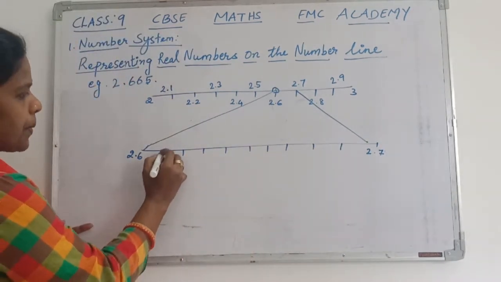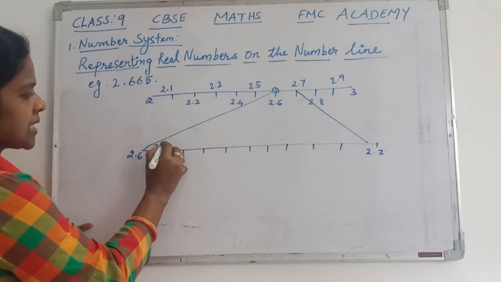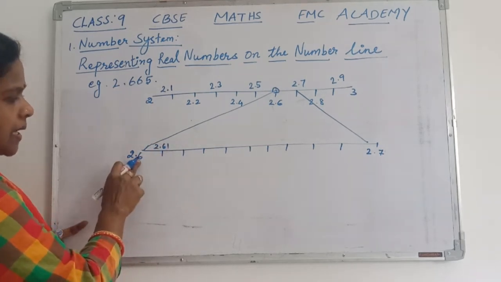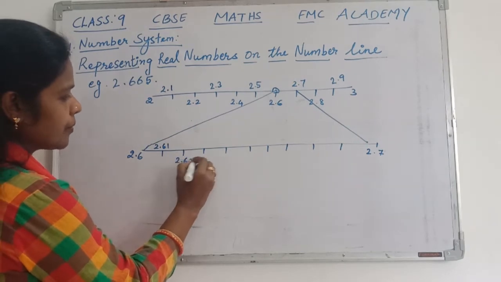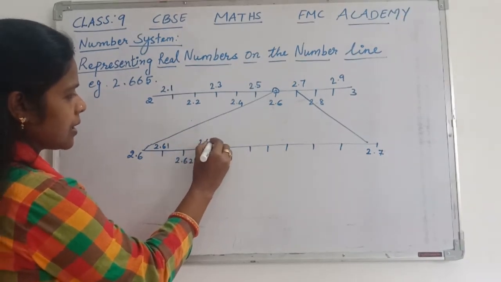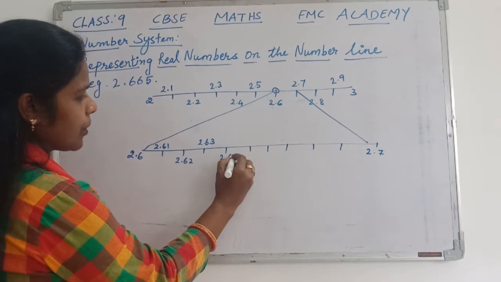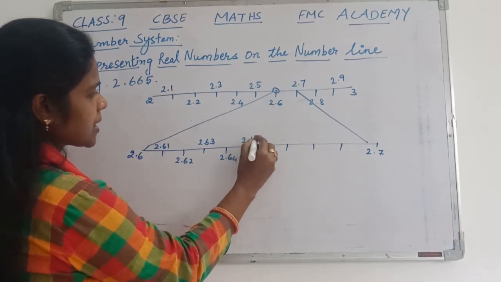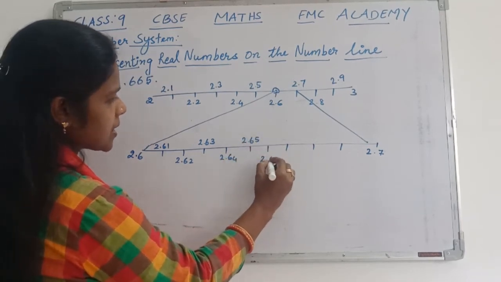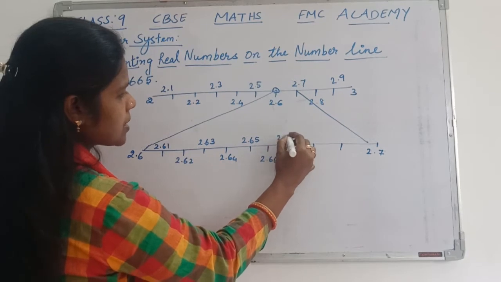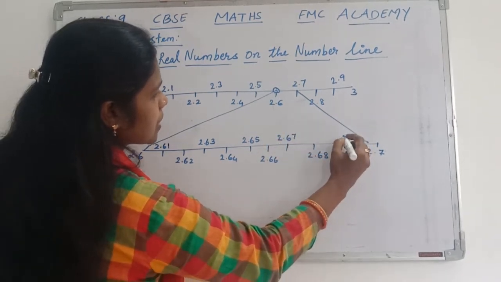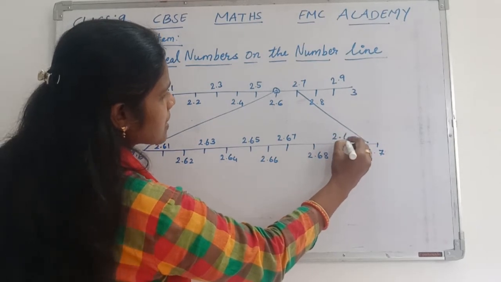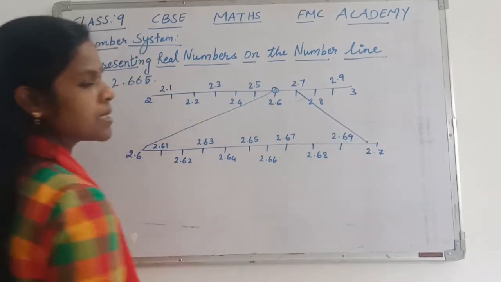First one is 2.61, then 2.62, 2.63, 2.64, 2.65, 2.66, 2.67, 2.68, 2.69, and then 2.7 you have.